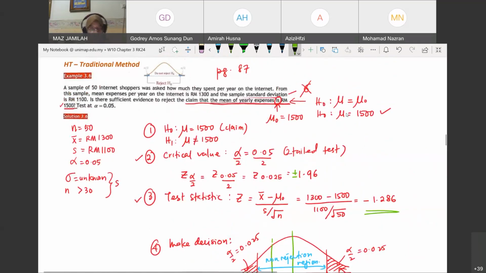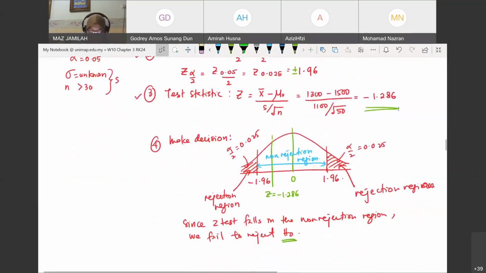So we fail to reject the null hypothesis, which means that we fail to reject our claim because we don't have enough evidence to reject the claim.